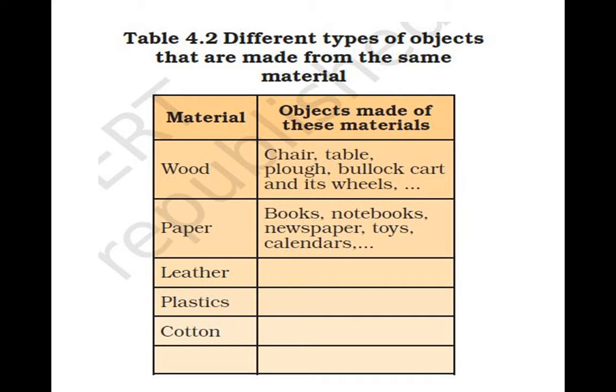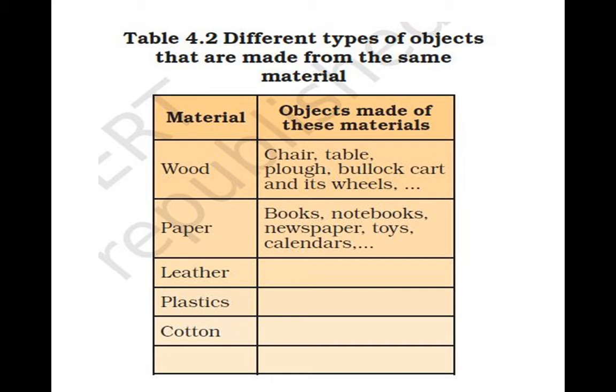So what enables us to decide which material to use to make a particular object? Your bottle is made up of plastic. Why are we not using stones to make your bottle? Your pen is made up of plastic. Why are we not using any metal?